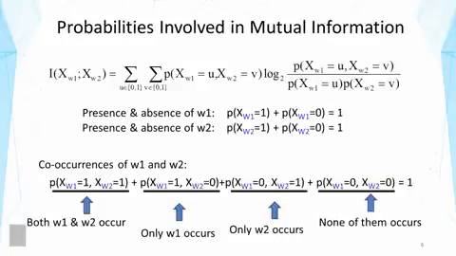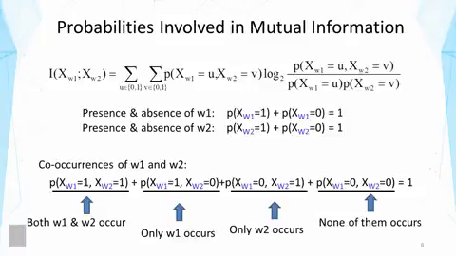So now let's further look at what exactly are the probabilities involved in this formula of mutual information. And here I listed all the probabilities involved, and it's easy for you to verify that. Basically, we have first two probabilities corresponding to the presence or absence of each word.